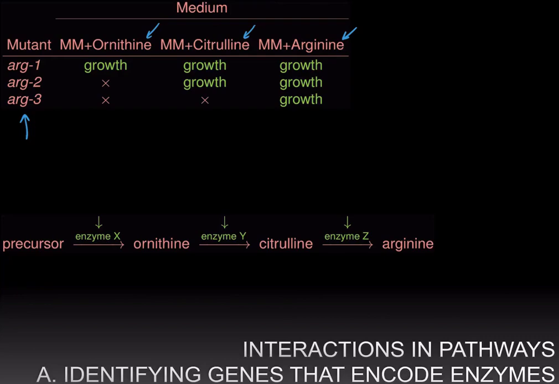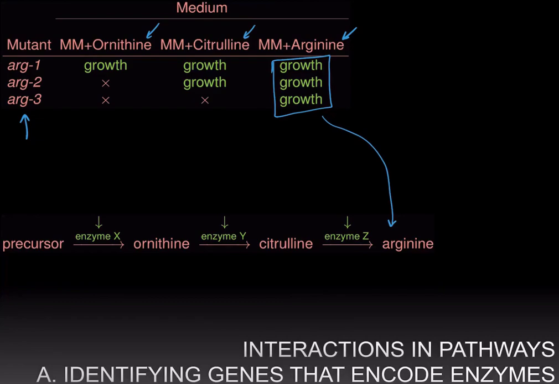So we note immediately that if you supplement the medium with arginine, the strains always grow, and that implies that none of the blocks occur after arginine, and therefore arginine must be the last step in the pathway.